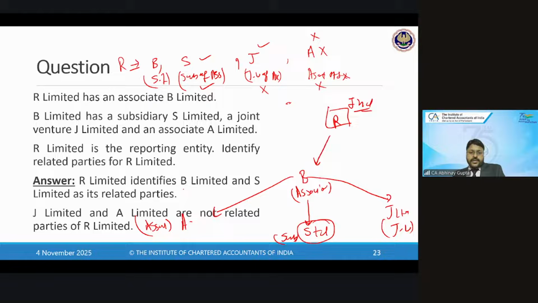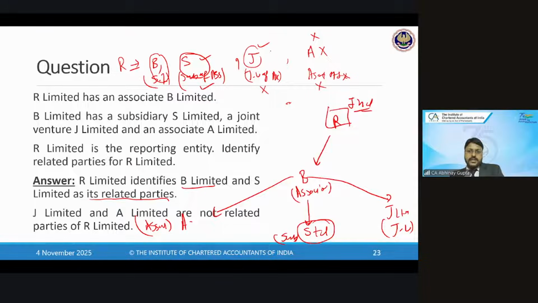R Limited identifies B Limited and S Limited as its related parties. B Limited is anyway the associate and S Limited is the subsidiary. J Limited and A Limited are not related parties of R Limited. Why? Because B Limited, the associate, is not controlling J. J is being jointly controlled, and A is also not controlled.